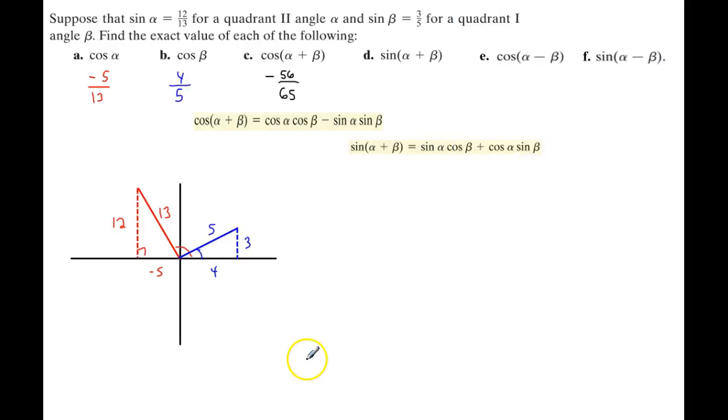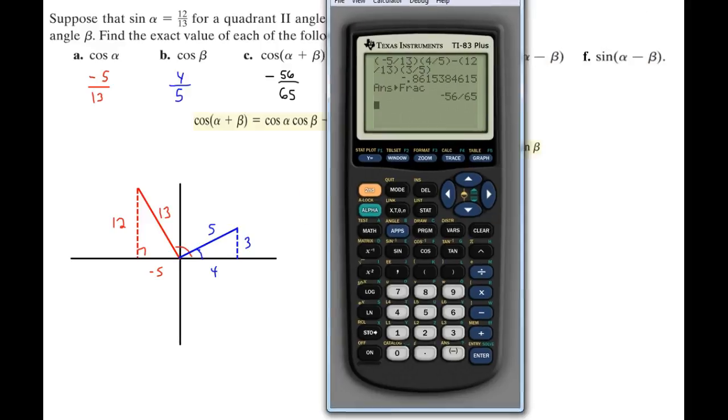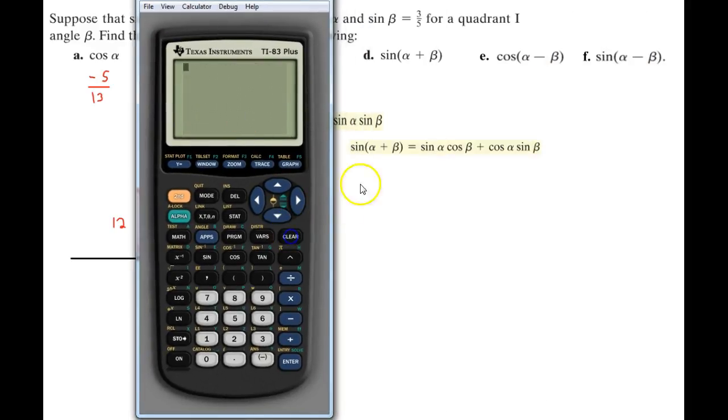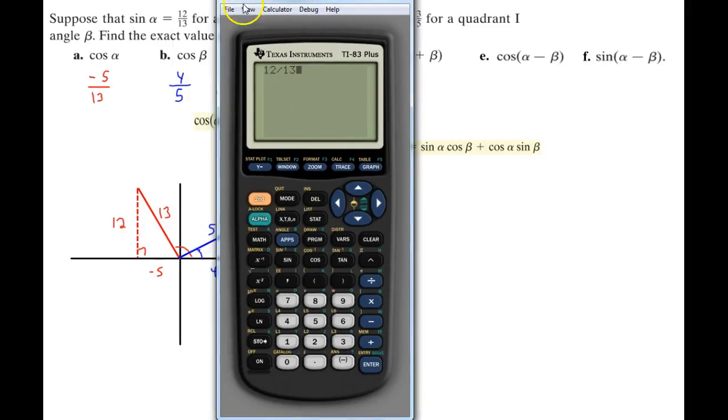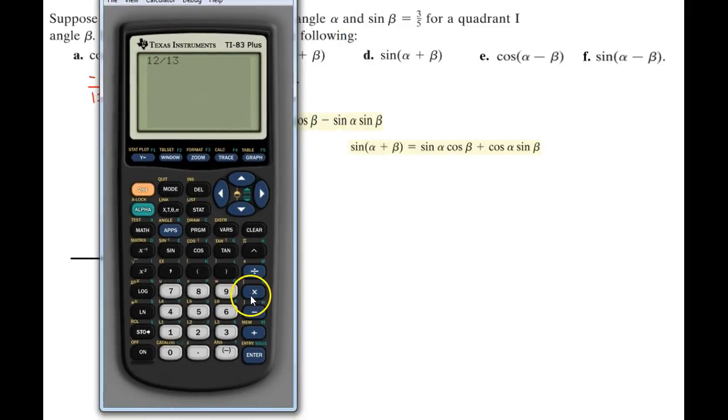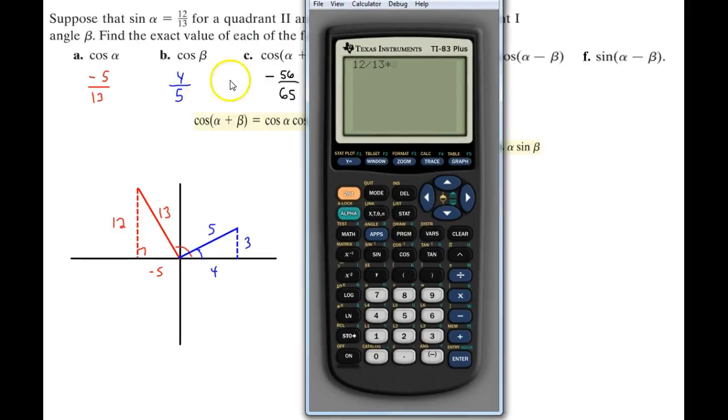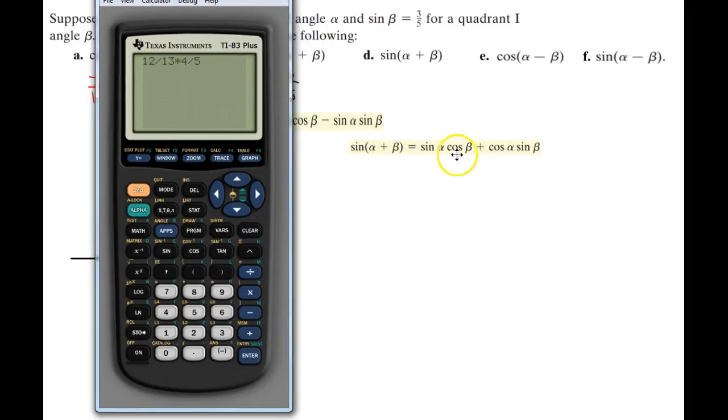56/65. All right, and then I'm going to do the same thing, but for the sine with the sine formula. So I'm going to plug in right here the sine of alpha cosine beta. So the sine of alpha was the 12/13, the original up here, times the cosine of beta. The cosine of beta is what we just found right here, which was 4/5. All right, and then because this is a sine, the sign doesn't change, it's a plus.